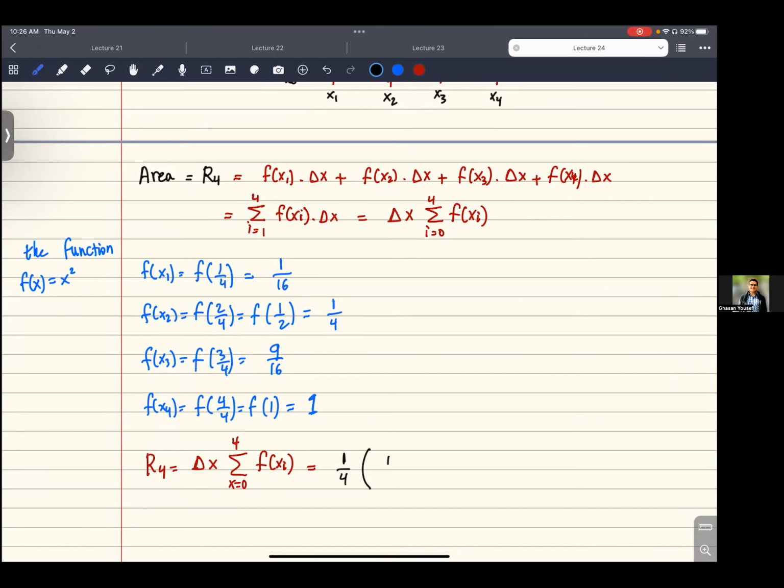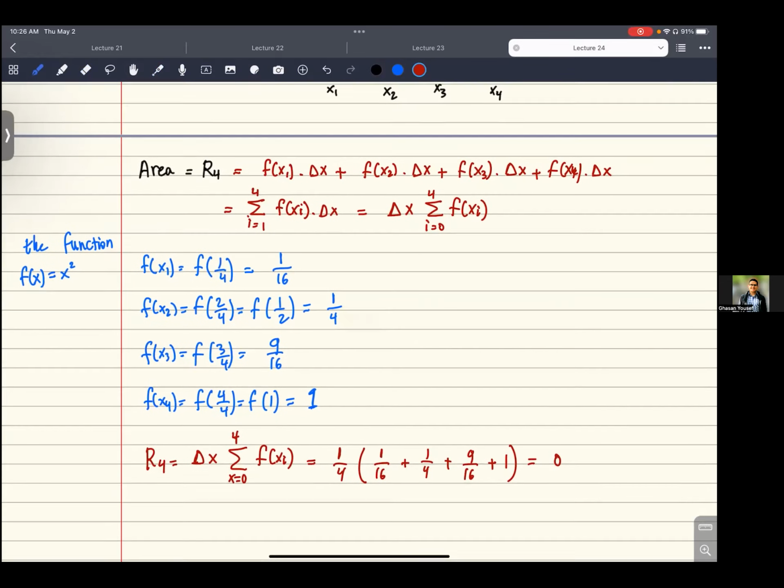The sum of these things here will be 1/4 times 1/16 plus 1/4 plus 9/16 plus 1. And the answer is what? If you want to use the calculator, it is going to be 0.468.